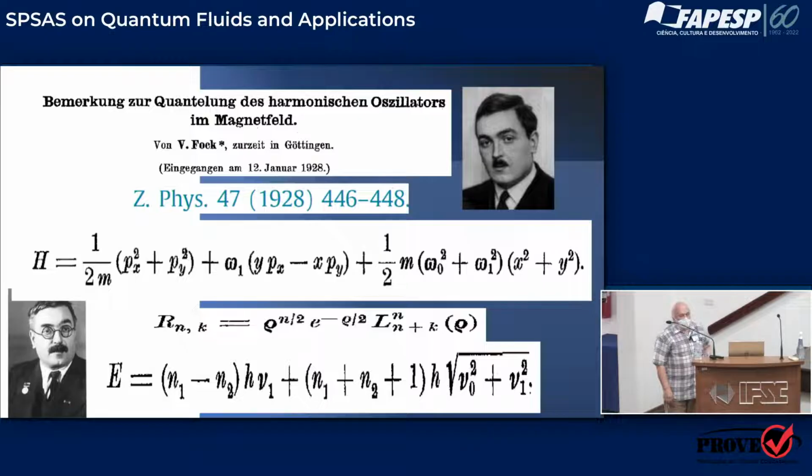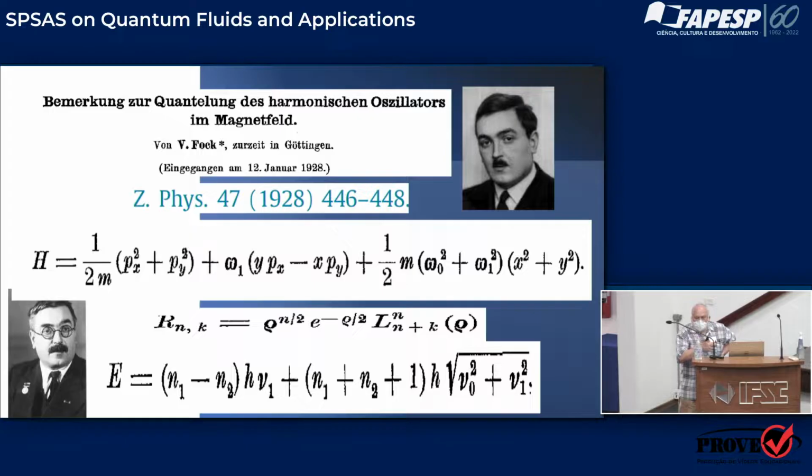And what did he do? He wrote that Hamiltonian. He added some confining parabolic potential and solved the equation in polar coordinates using the gauge of the magnetic field, named the symmetrical or circular gauge. Later I shall return to this point.